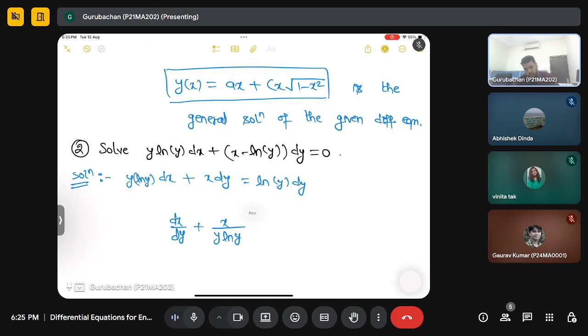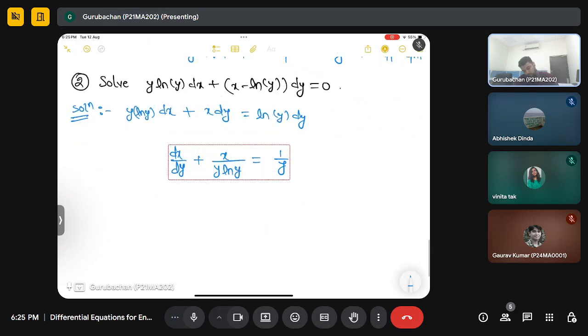There will be no dy now, there will be 1 by y. So from here you can observe that P(y) will be 1 by y ln y, and Q(y) will be 1 by y.